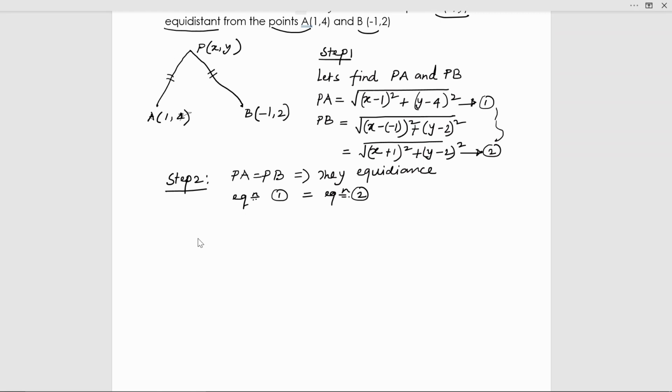So we can write the square root of (x minus 1) square plus (y minus 4) square to be equal to the square root of (x plus 1) square plus (y minus 2) square.